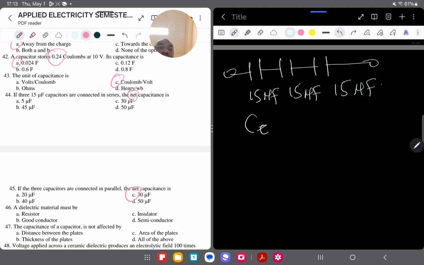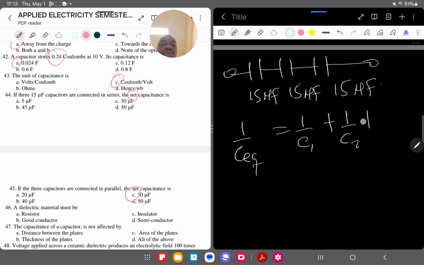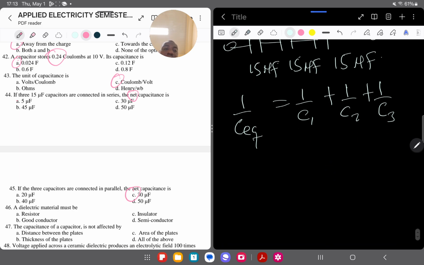It's similar to the formula for resistors connected in parallel. So 1 over the equivalent capacitance will be equal to, since I'm having 3, 1 over C1 plus 1 over C2 plus 1 over C3.